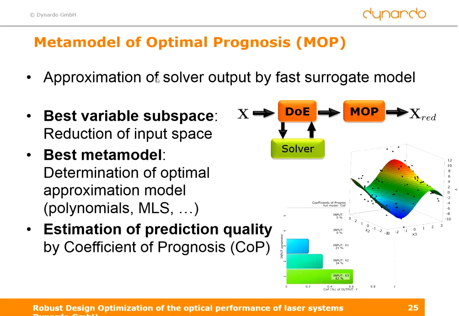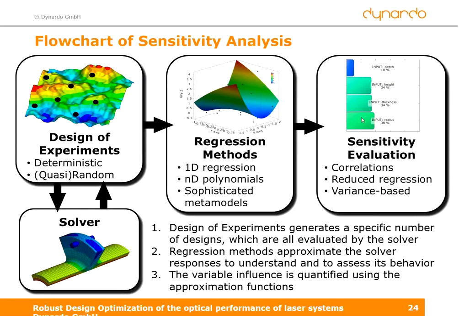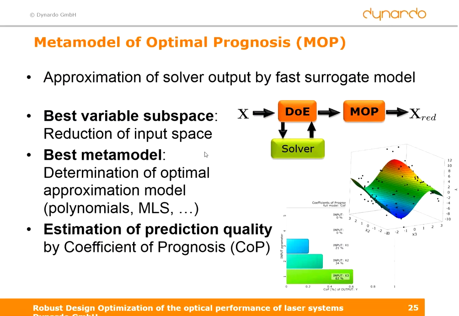As you have seen, this Metamodel, which is the basis for the sensitivity analysis, is indeed a very powerful algorithm. We call it Metamodel of Optimal Prognosis. And this Metamodel is actually the approximation of the solver output by a fast surrogate model.